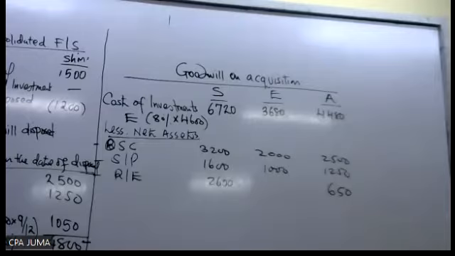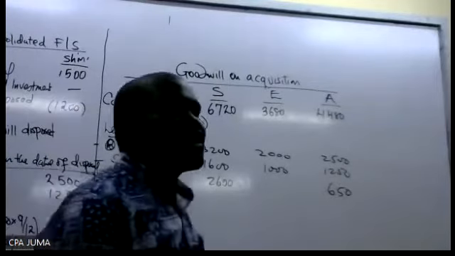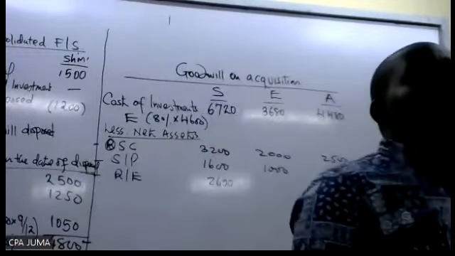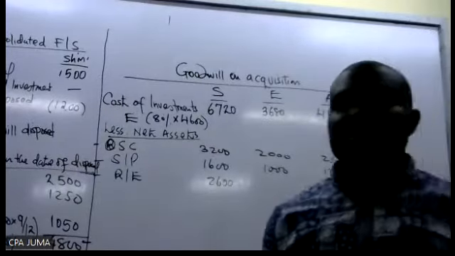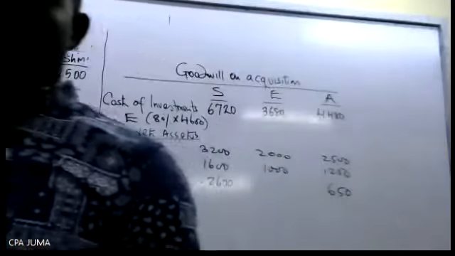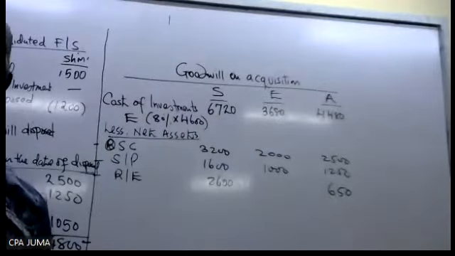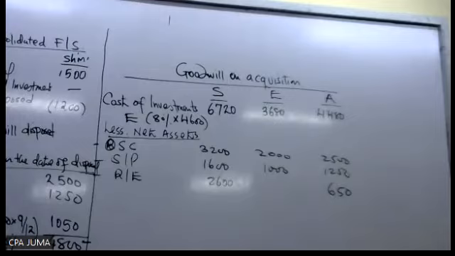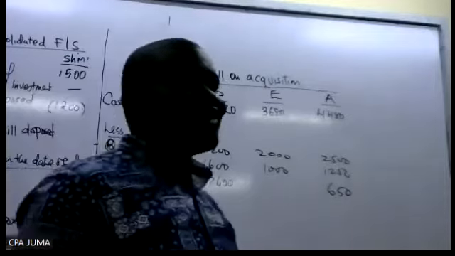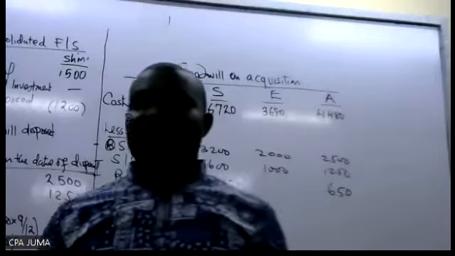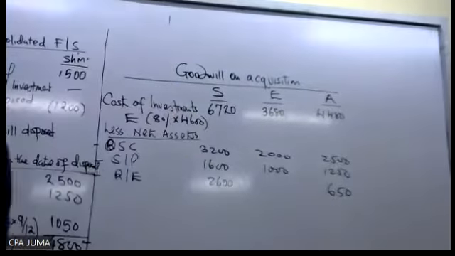We have two profits, 2,750 and 2,400. We always apply the profits on the date of acquisition. So Alice is saying, kindly let's use 24. Why are you using 24 and not 2,750?